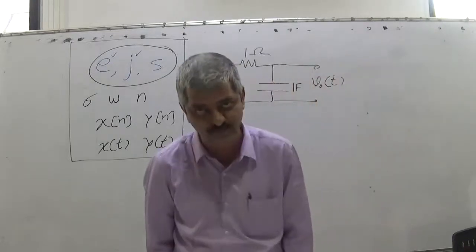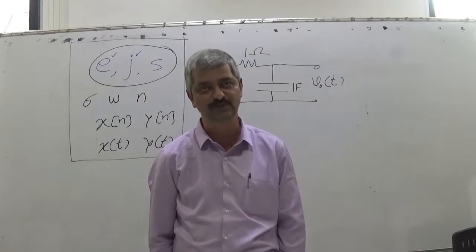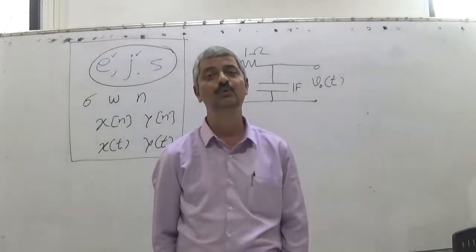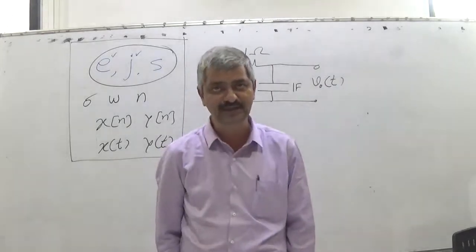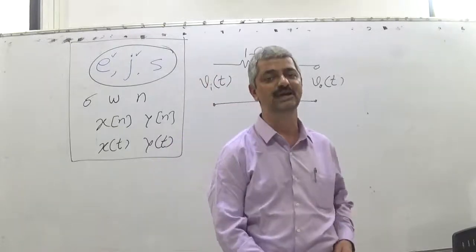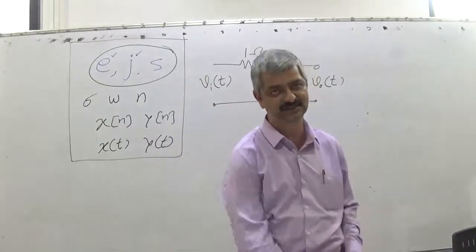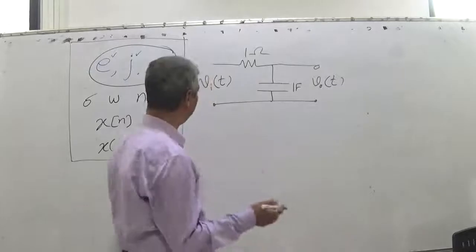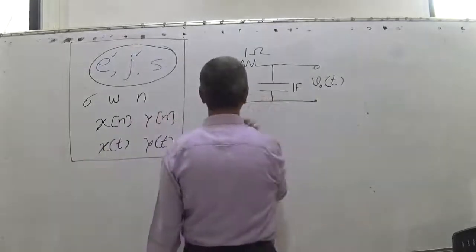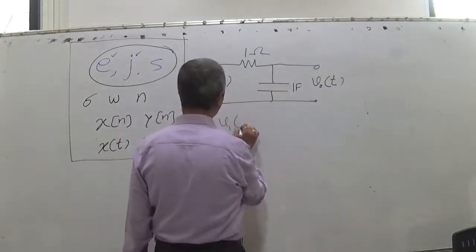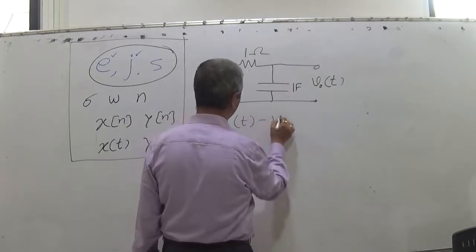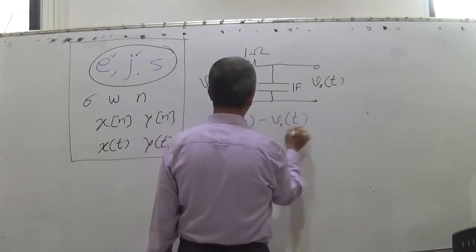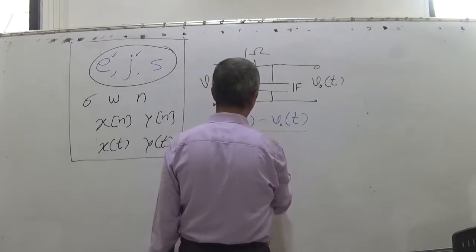it is possible for us to find the expression for input and output. Since we discussed it in the first semester, I am moving rapidly. What will happen is V in T minus VOT upon R, which is 1 ohm.